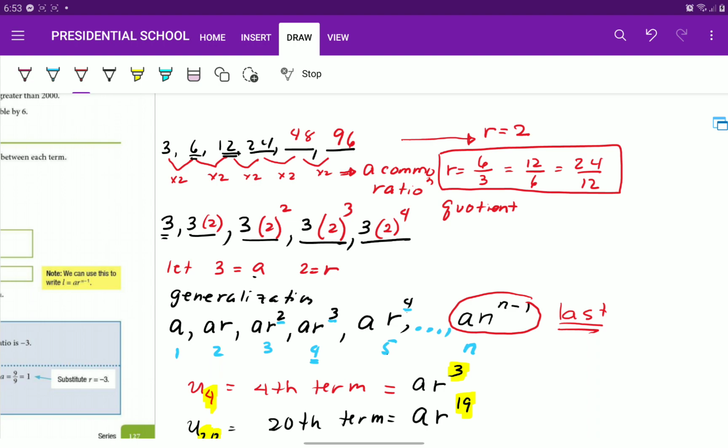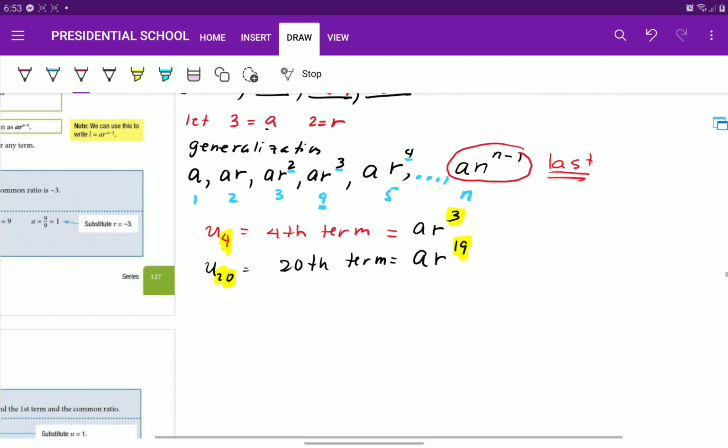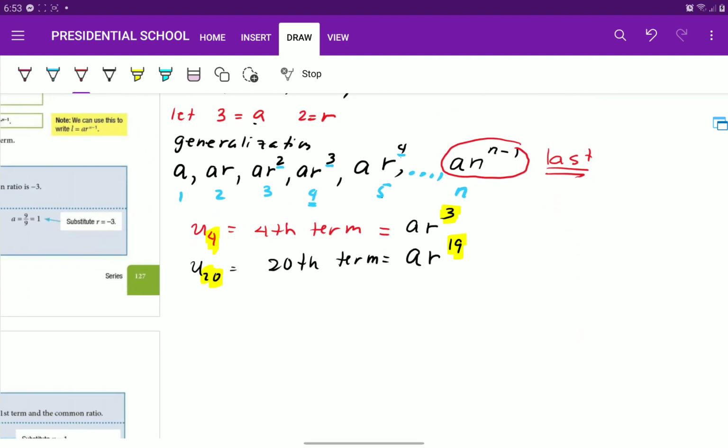All right? So in general, we said our u sub 1 is A, our u sub 2 is AR, our u sub 3 is AR squared, our u sub 4 is AR cubed.